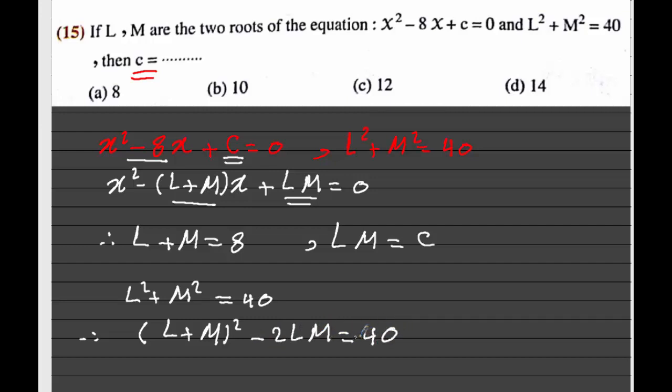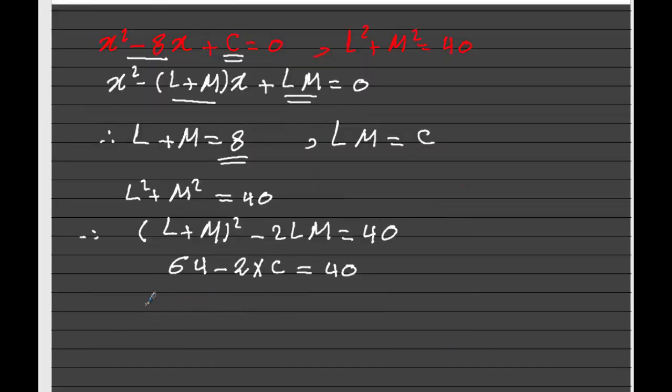And now we substitute. L plus M equals 8 and 8 power 2 equals 64, minus 2 multiply LM, which is C, all equals 40. Okay, so we have 64 minus 40 equals 2C. 64 minus 40 equals 24.